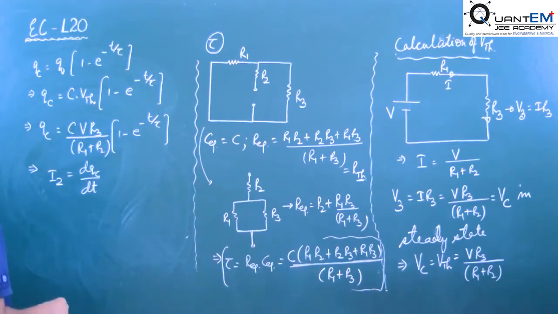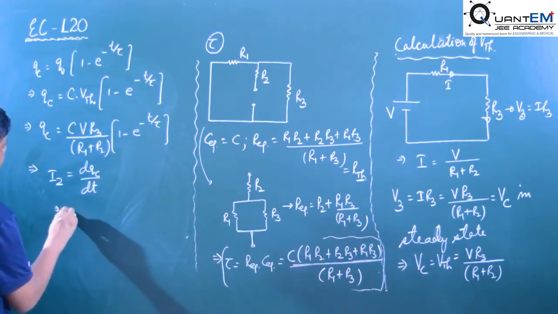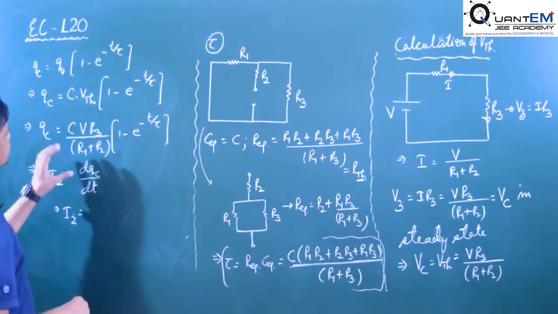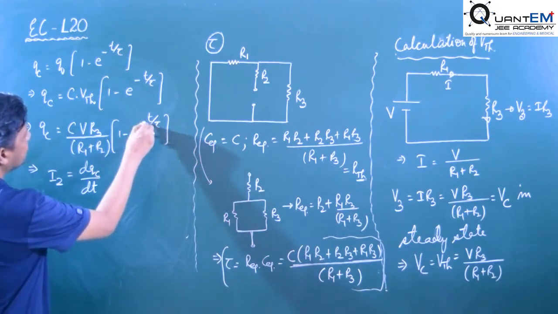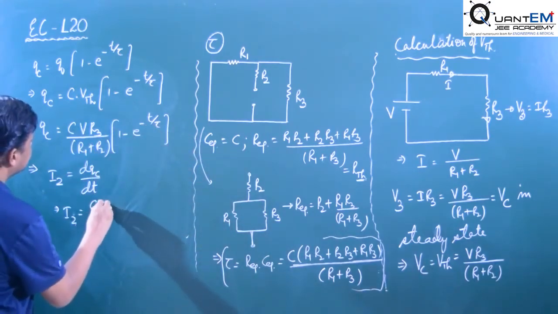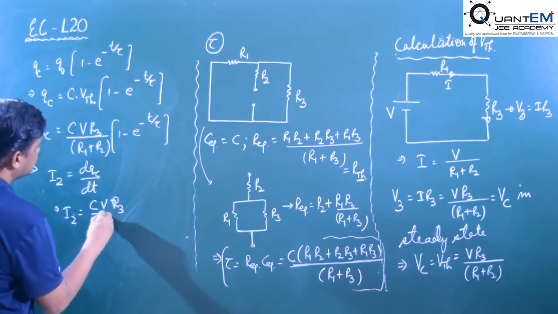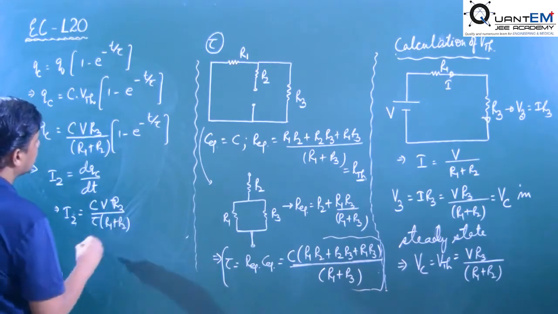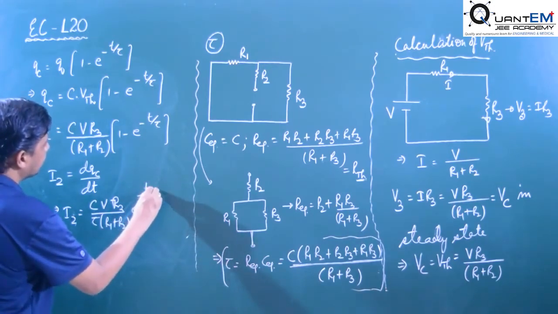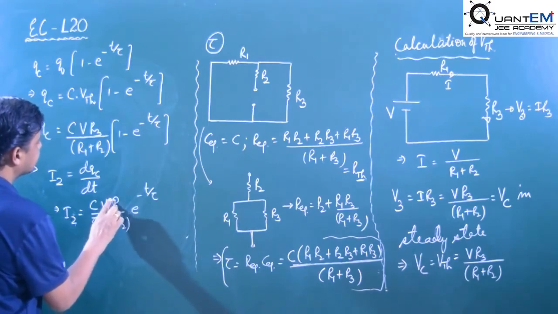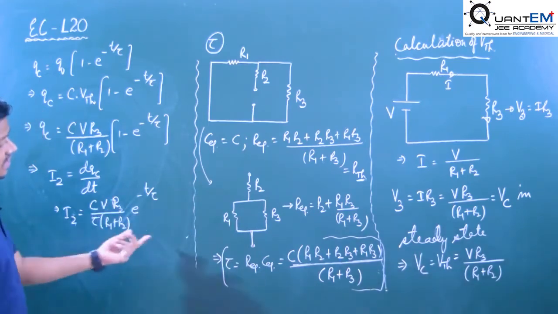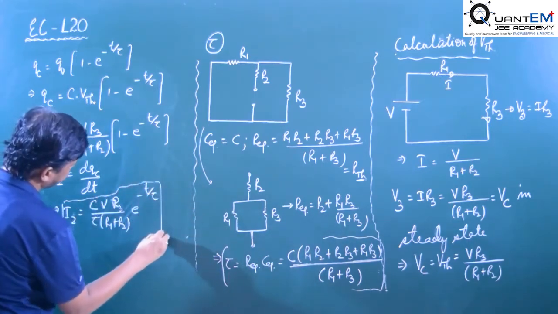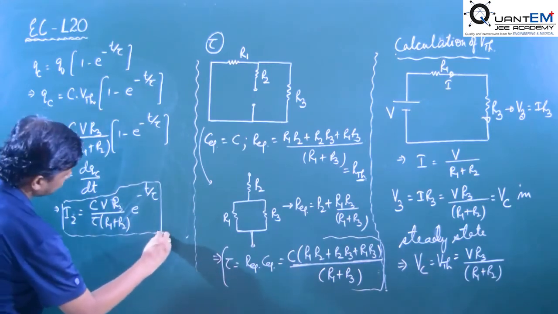Solving, we get I2 is equal to V R3 divided by tau (R1 plus R2) into e to the power minus t by tau. Tau we have to take this value. It is the value of current across the capacitor arm.